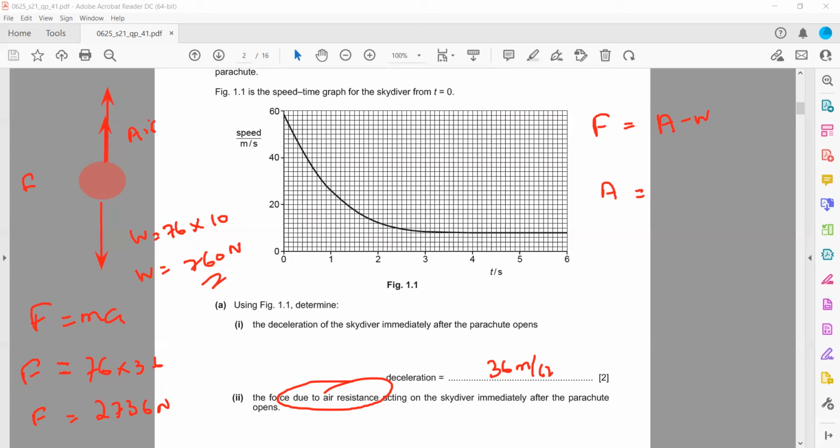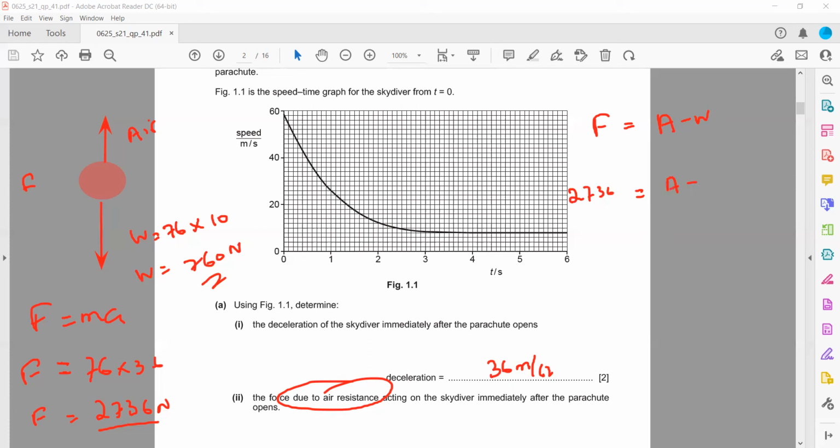So air resistance minus the weight equals the resultant force. The resultant force we already calculated, 2,736. Air resistance we don't know, and the weight, mass times gravity, is 760. 760 subtracted on one side will be added on the other side.